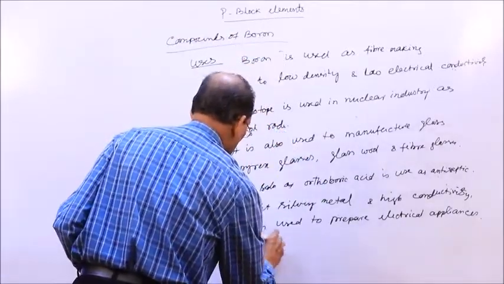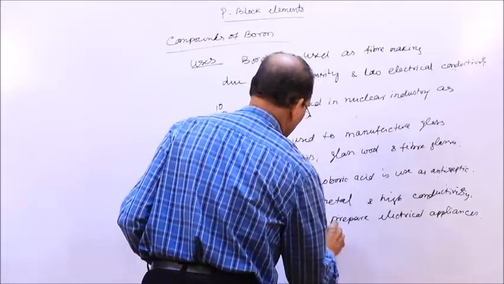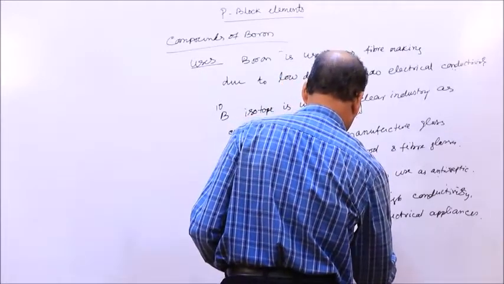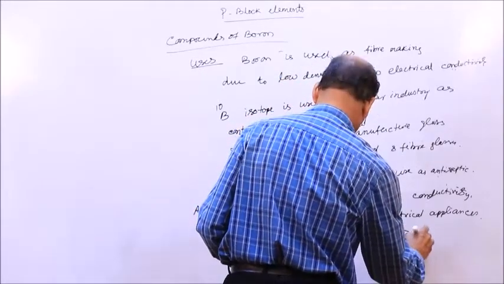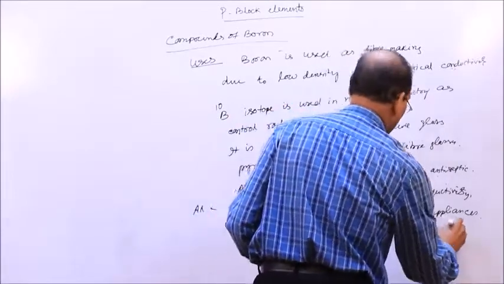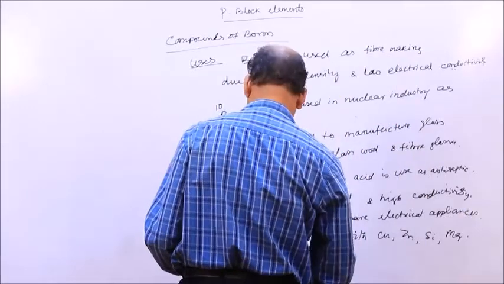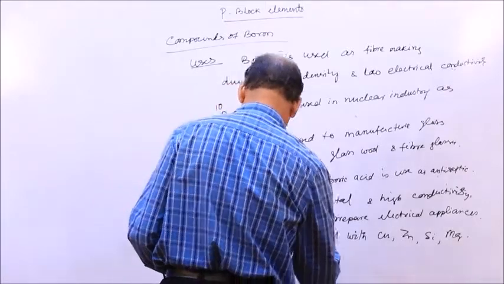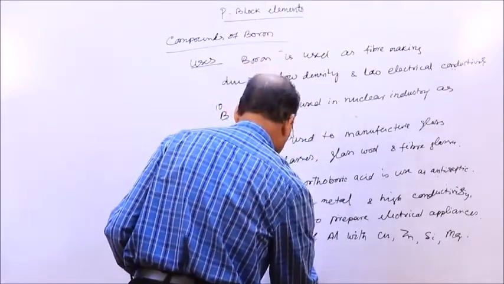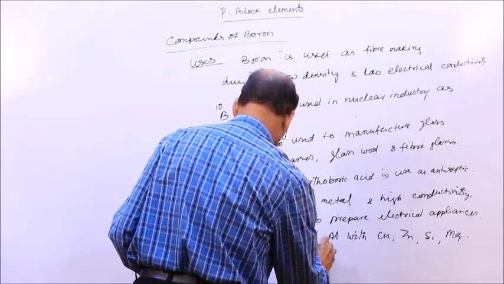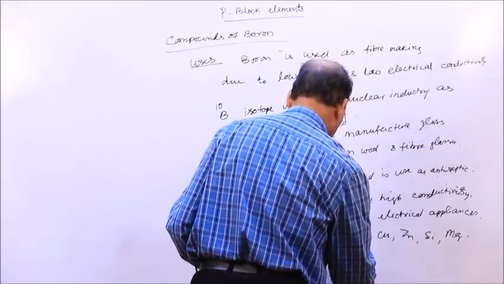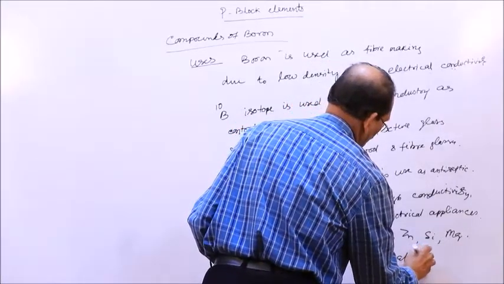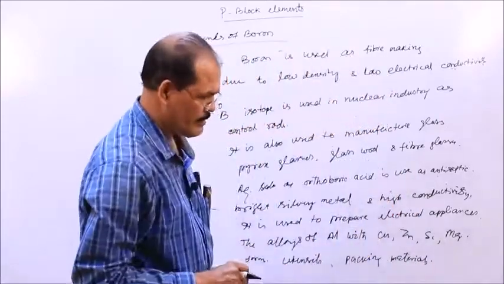The alloys of aluminum with copper, zinc, silicon and magnesium form utensils and packing materials.